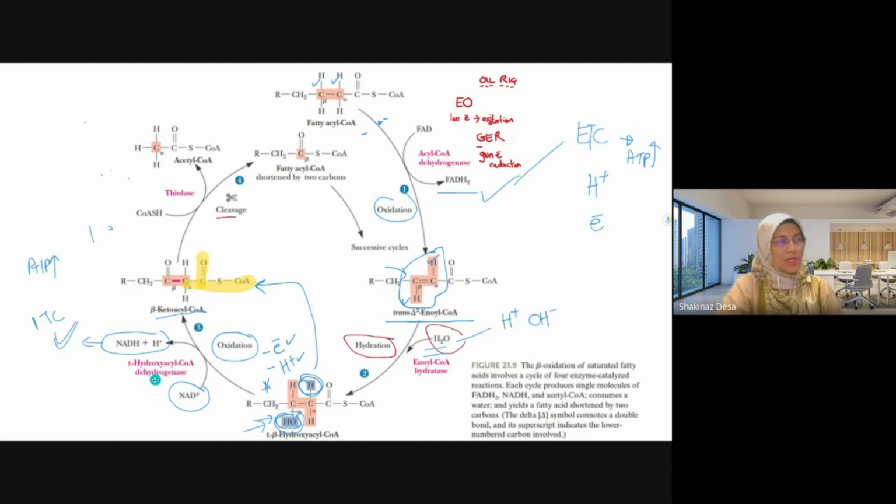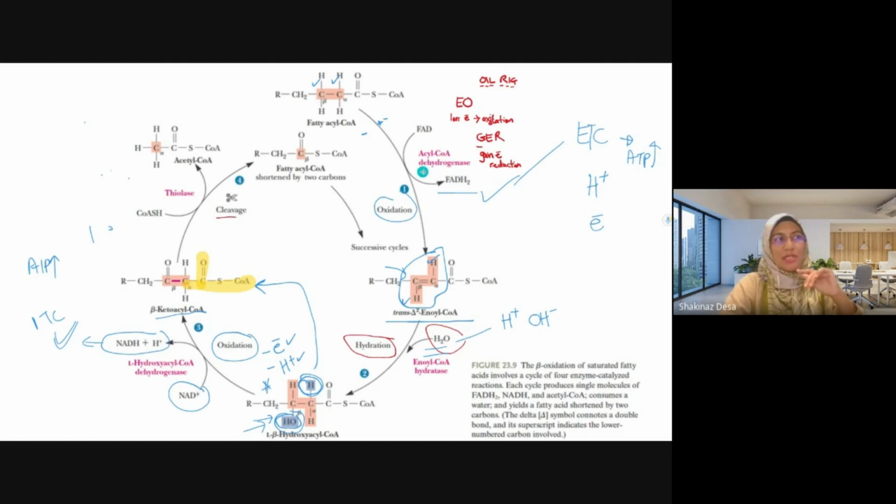Look at the word enzyme kat sini, hydroxyacyl CoA dehydrogenase. Every time you nampak enzyme, dia tulis dehydrogenase, mesti berlaku oxidation. Kena ingat tu. Meaning that ada removal of hydrogen.